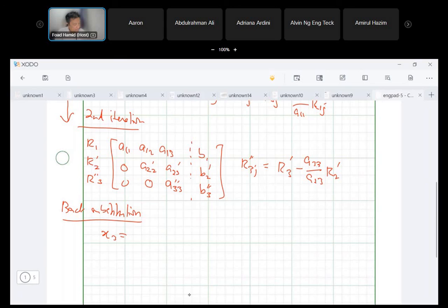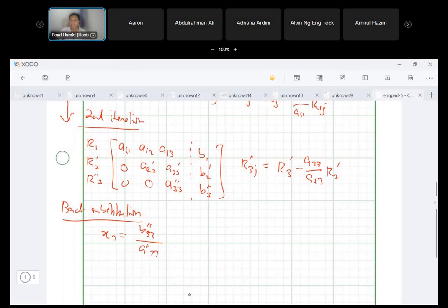X3 is just B3 double prime over A33 double prime. When you get X3, you know X3 over here, then you get your X2. Once you know X2 and X3, you can substitute X2 and X3 in this equation, then you get your X1. So this is the idea behind back substitution.